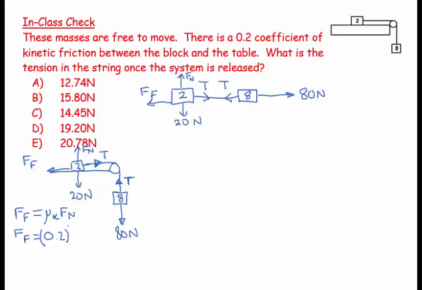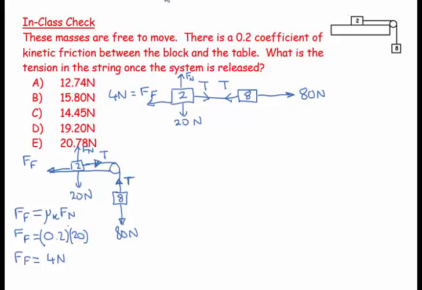The block does not suddenly speed into the air or suddenly plow itself into the table. So this is going to be 20. So Ff is equal to 4 newtons. So if we take this 4 newtons and put it up here, we can see we have 80 newtons pulling in one direction and 4 newtons pulling in another direction. So we're not in equilibrium.